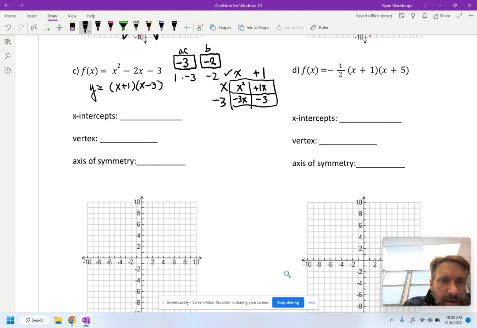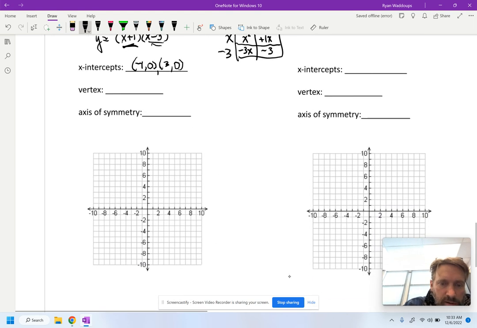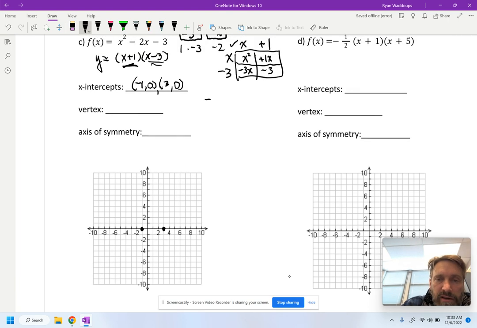And the x-intercepts then are negative 1, comma 0, the opposite of that one, and 3, comma 0 is the opposite of the other factor. So we go down, and I put negative 1, comma 0, and 3, comma 0, and then I'm going to average those two by taking negative 1 plus 3 divided by 2.